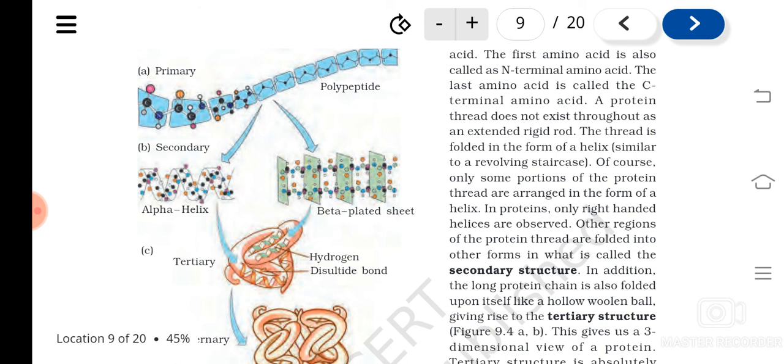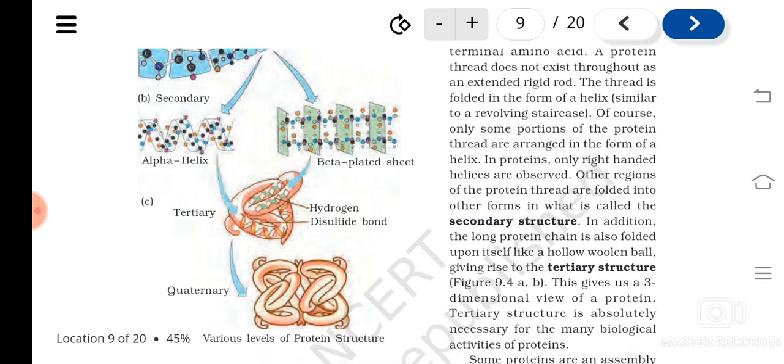A protein thread can get folded in the form of a helix. Only some portions of the protein threads are arranged in the form of a helix, and in proteins, right-handed helices are found. Understood? Other regions are folded into other forms, and that gives the secondary structure.